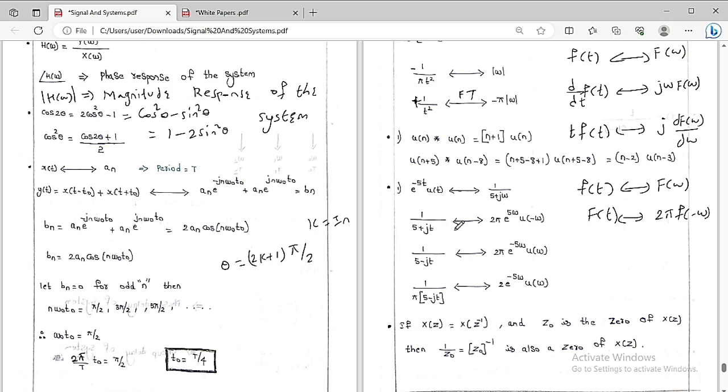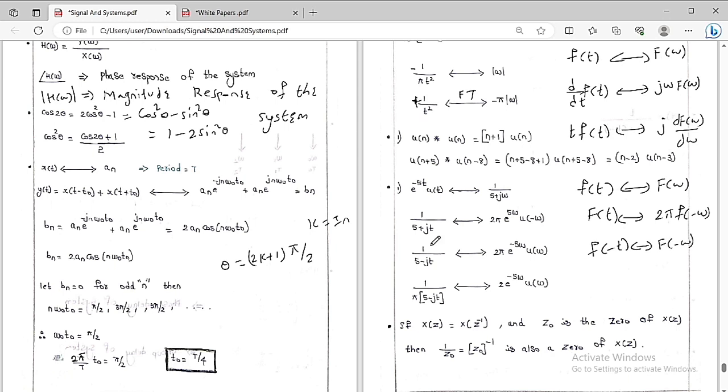So 1 by 5 plus j t has a Fourier transform 2 pi into f of minus omega, so you are going to get e to the power of omega into u of minus omega. So now what do we do? This is what we are going to get. So replace t by minus t. I already told you, if f of t has a Fourier transform F of omega, then f of minus t has the Fourier transform F of minus omega.